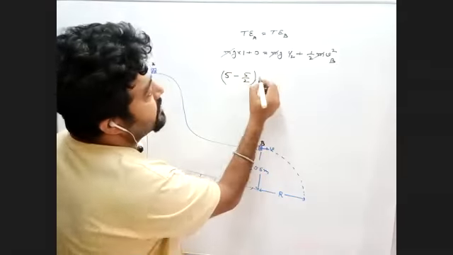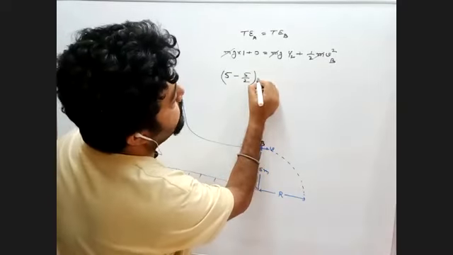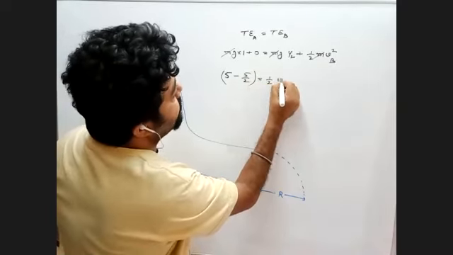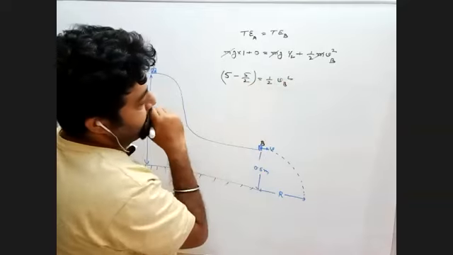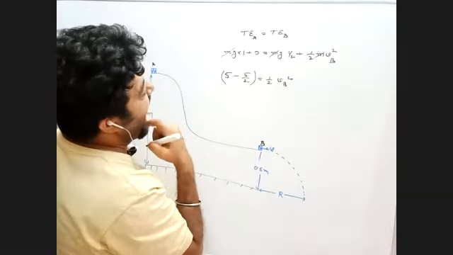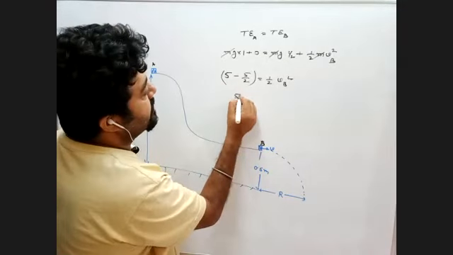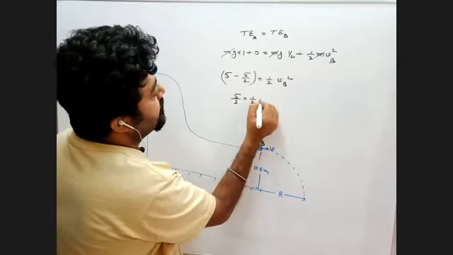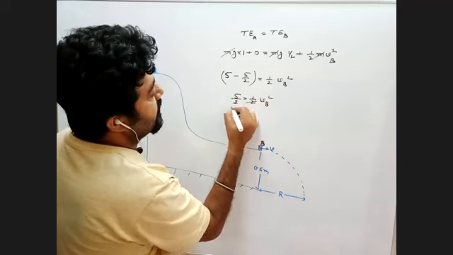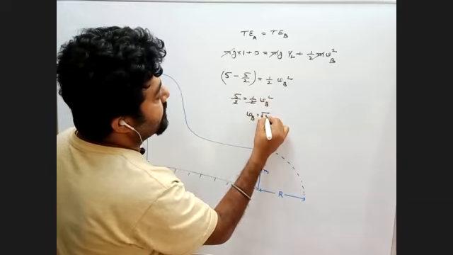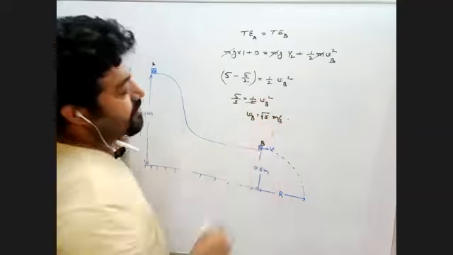তো দেখ আমি যদি ভ্যালু পুট করি, এটা 5, ইফ ইউ পুট দ্য ভ্যালু অফ g, আমি কত পাচ্ছি 1 by 2 vb স্কয়ার, তাই না? তার মানে কত হয়ে যাচ্ছে 10 minus 5, 5 by 2 equals 1 by 2 vb square, 2 গেল, vb is root under 5 meter per second. Is it okay?